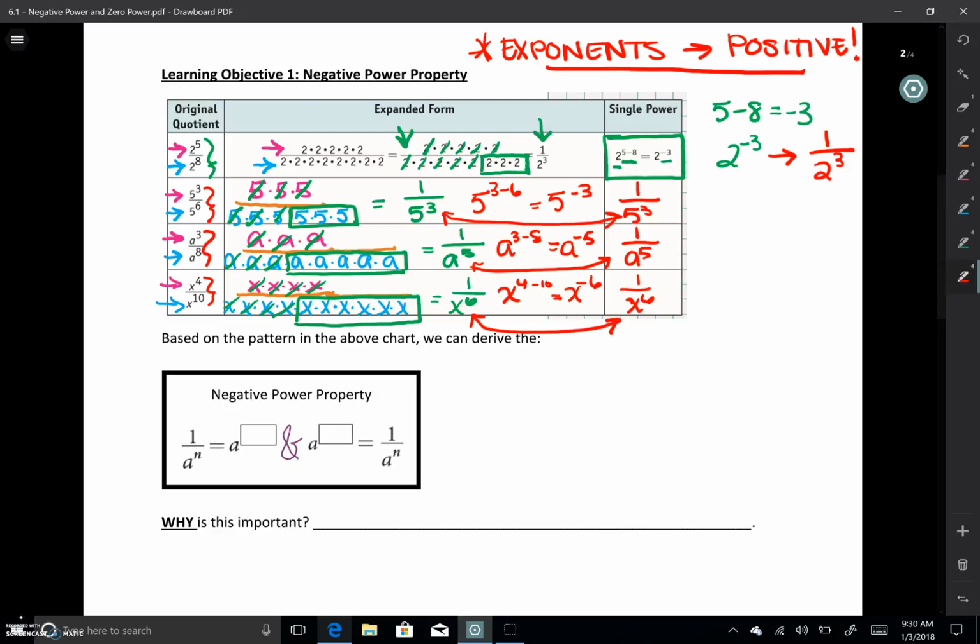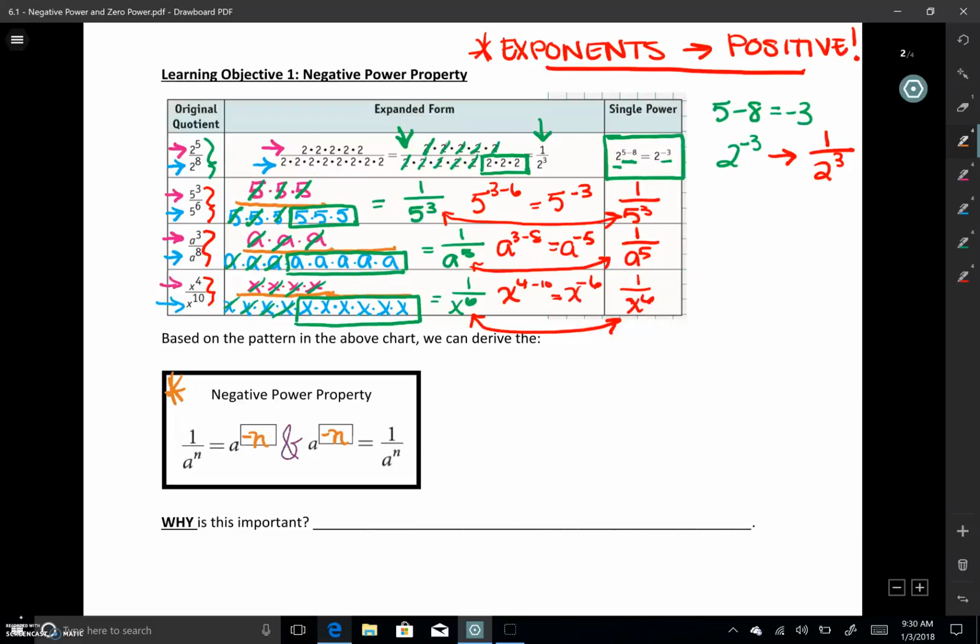So based on the pattern that we see here in this chart, we can derive the negative power property. That's going to tell us that 1 over a to the n is equal to a to the negative n, which is the same thing as saying if I see a to the negative n, I can rewrite that as its reciprocal, 1 over a to the n, and so that exponent will become positive, okay?